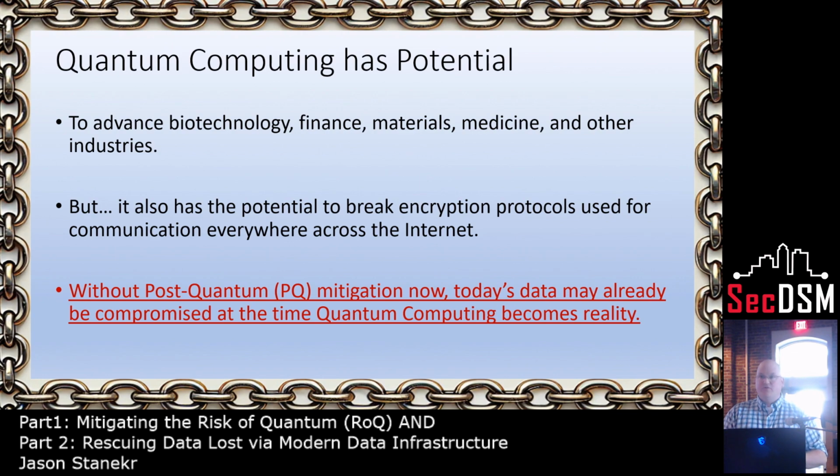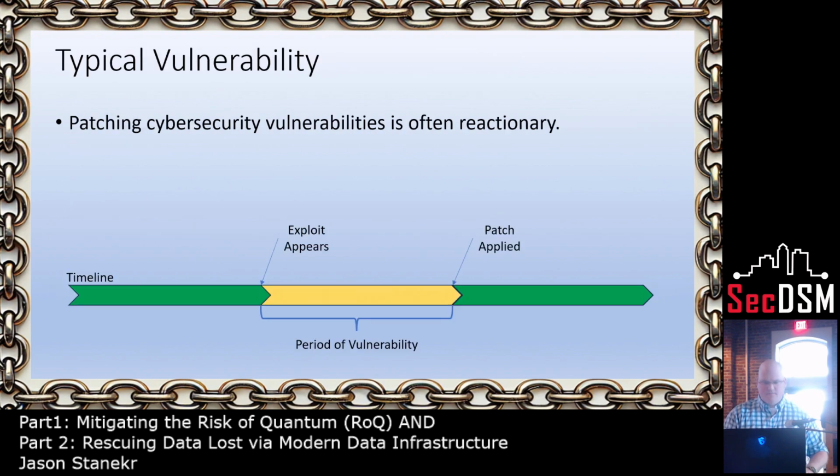And without post-quantum mitigation now, today's data may already be compromised by the time quantum computing becomes a reality, because there's implications for today's data, and there may be implications for cyber insurance issuers. There may be implications for the integrity of cryptocurrencies. So we need to do something now.